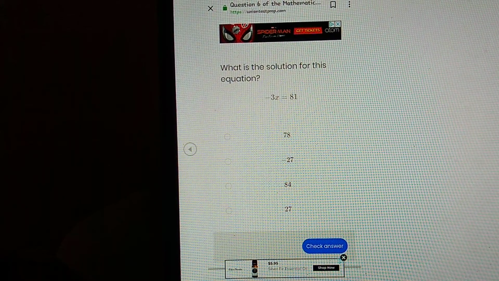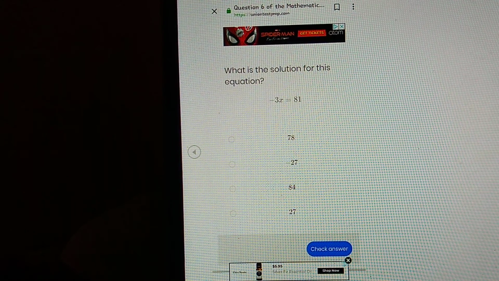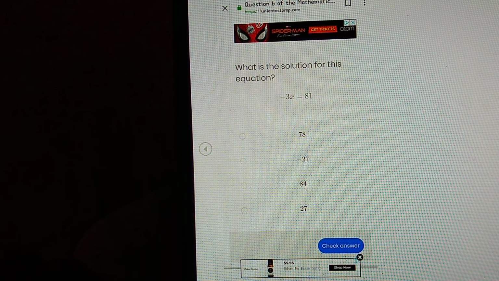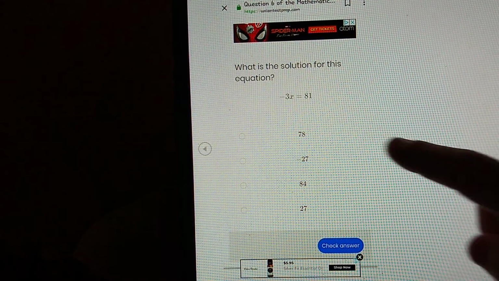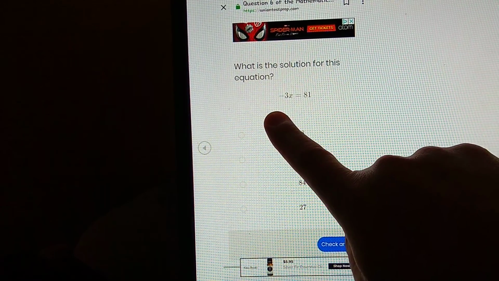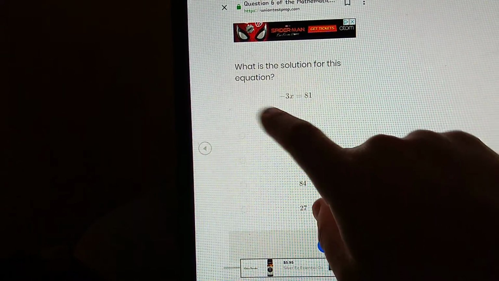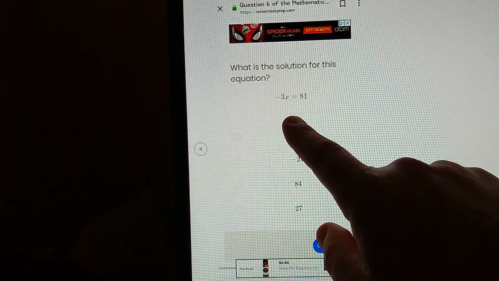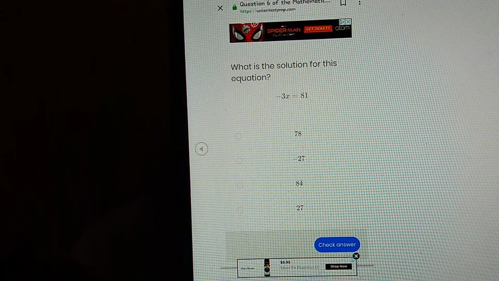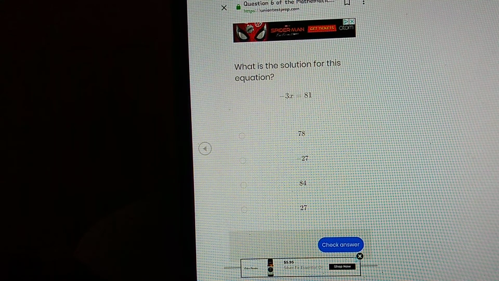So let's do that. We have negative 3 divided by negative 3 multiplied by x on one side of the equation. That leaves us with 1 times x. That's the same as just x, because anything times 1 is that other number.